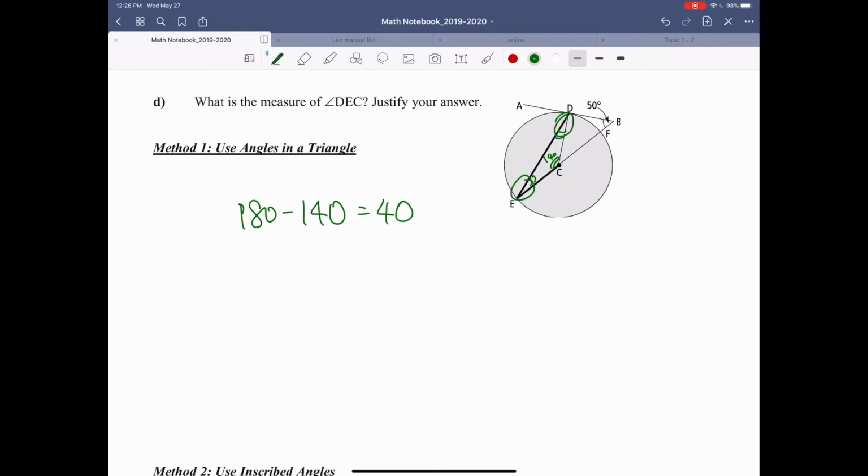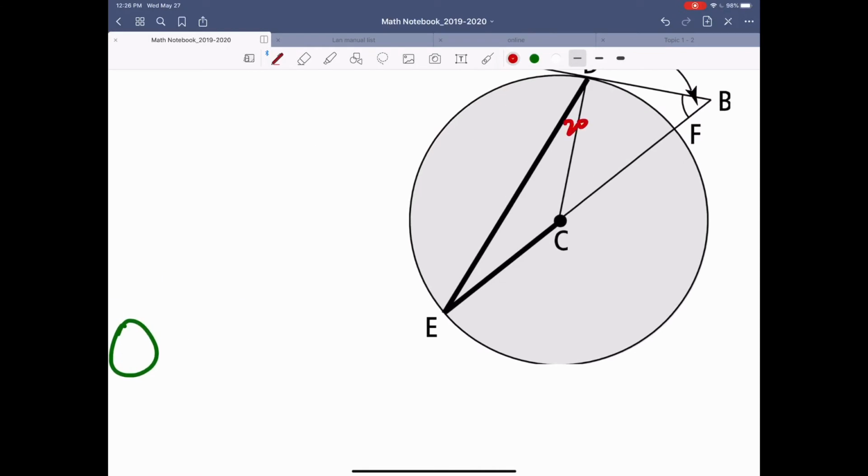So if this is x, this is another x. 2x equals 40, x equals 20. Each one of these is 20. So if we label it here, it will be 20, 20, 140, which adds up to 180.